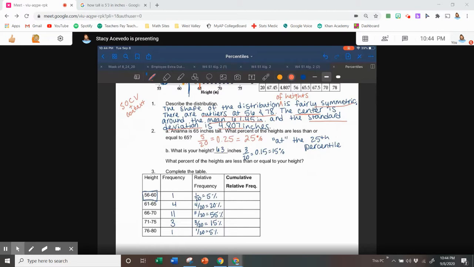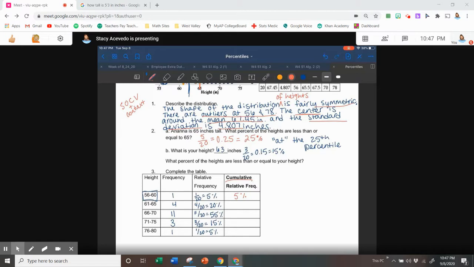Now, for cumulative frequency, we start with our 5% for the 56 to 60 heights. So we're going to start with 5%. And cumulative, we're going to add all of these percentages, but we can't just simply add 5 plus 20 plus 55 plus 15 plus 5%.